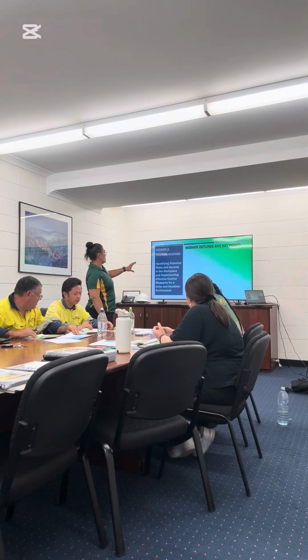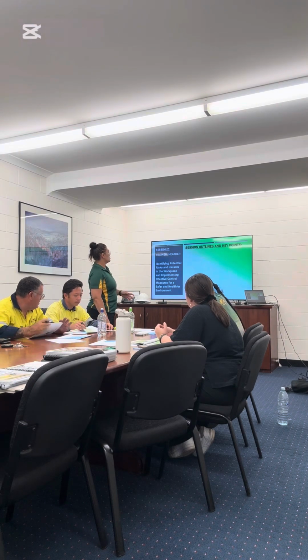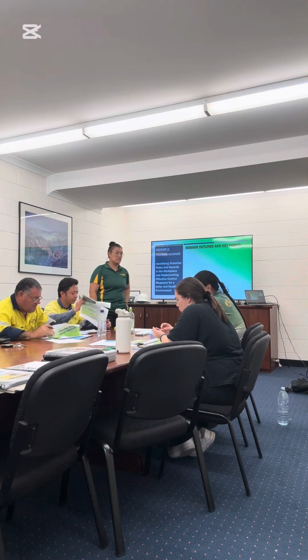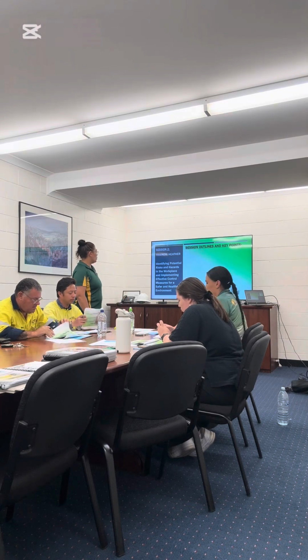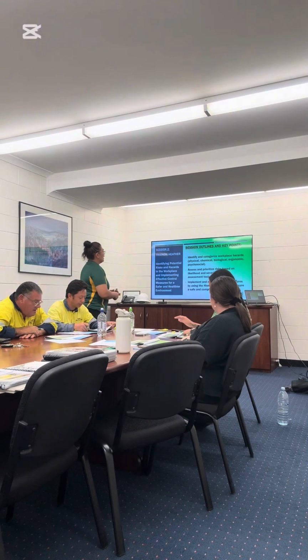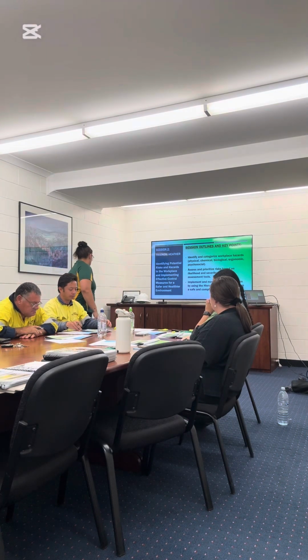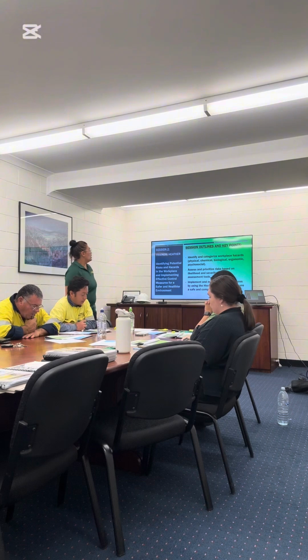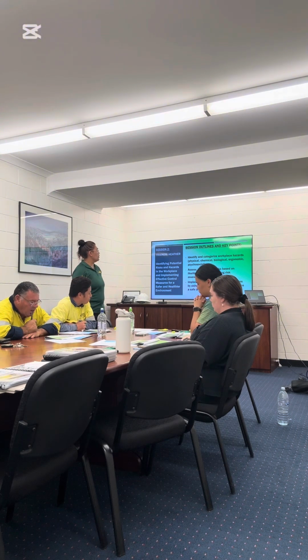So this is session 2 of 3. This section is identifying potential risks and hazards in the workplace and implementing effective control measures for a safer and healthier environment. The key points for this session are identifying and categorizing workplace hazards: physical, chemical, biological, economical, and psychosocial.